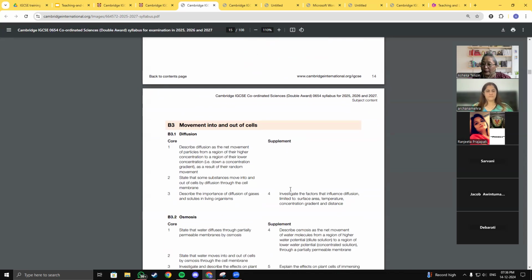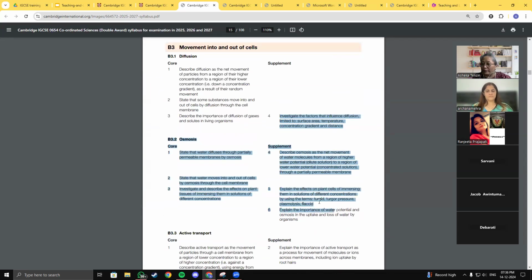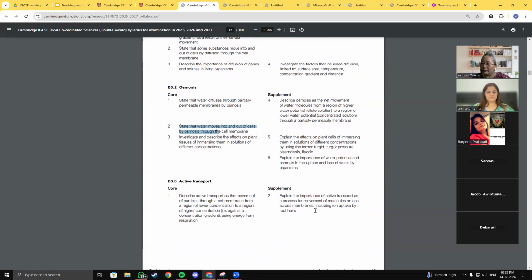These are additional things that the bright students will have to study, the supplement part. So those students who do paper 2 and paper 4 will study everything. Those students who do only paper 1 and paper 3 will study only the core part. They will not study the supplement. Clear? Okay, any questions about this?